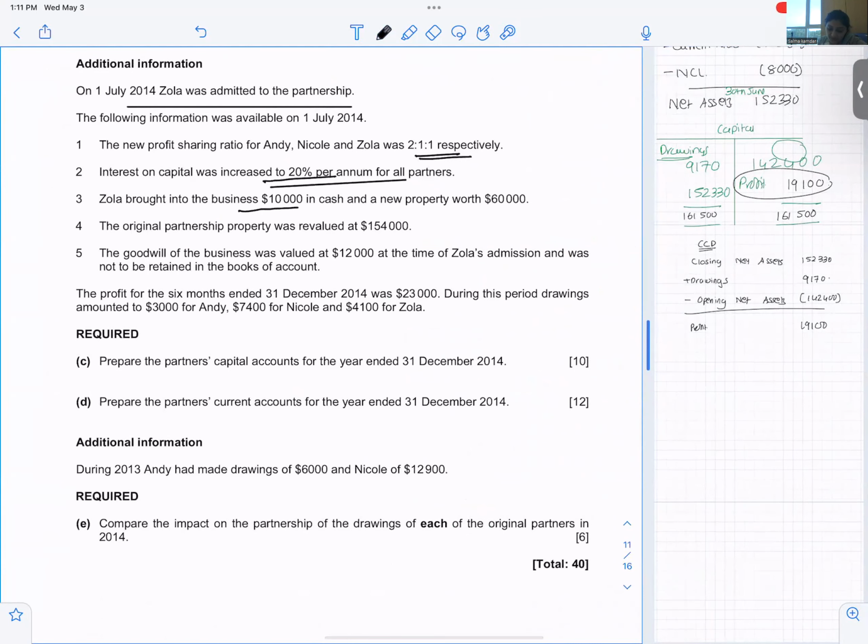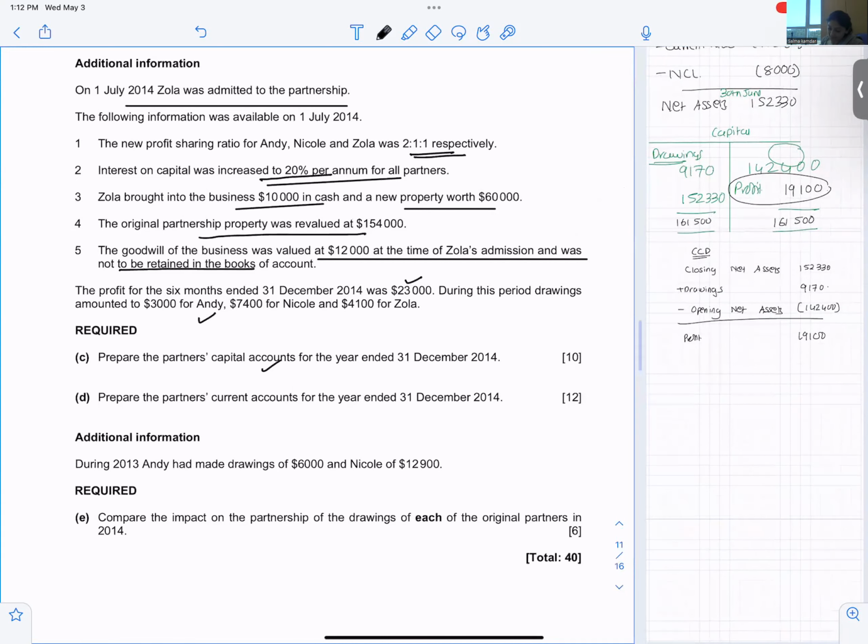Zola has bought into the business 10,000 in cash and new property. Original partnership property was revalued. Goodwill of the business was valued at 12,000 at the time of Zola's admission, and it is not to be retained. The profits for 6 months was 23,000 and the drawings was this much. You are required to prepare capital account and current account.